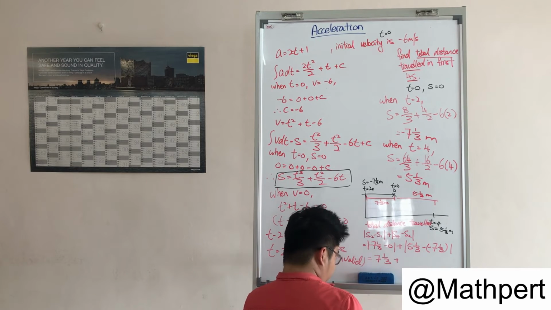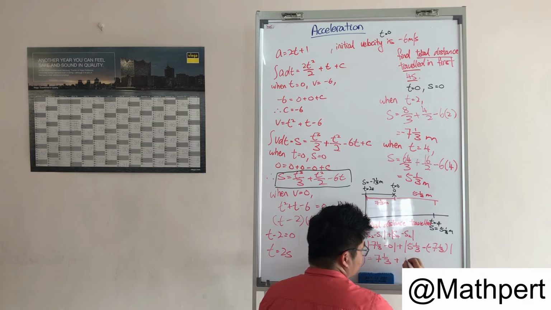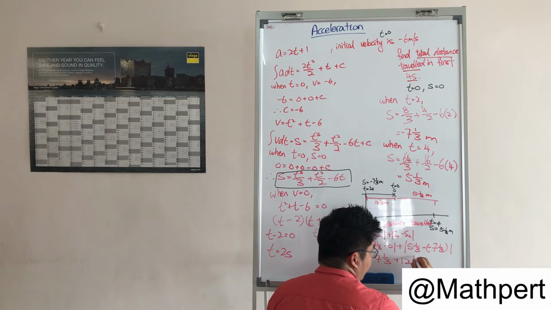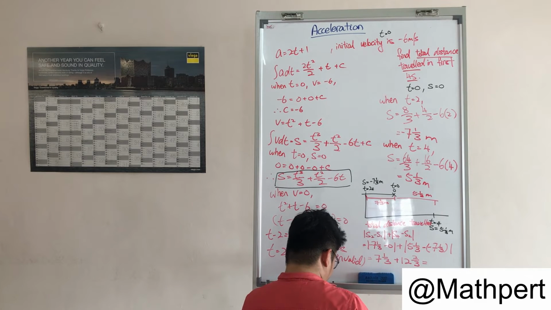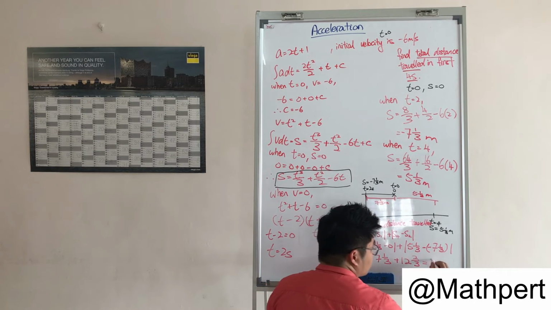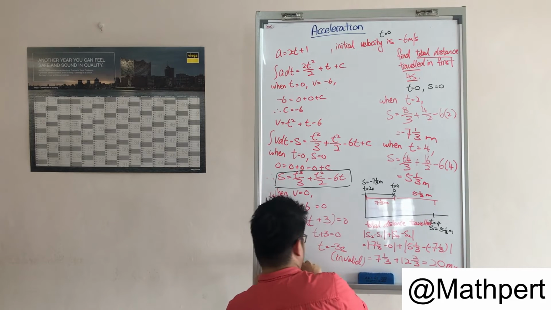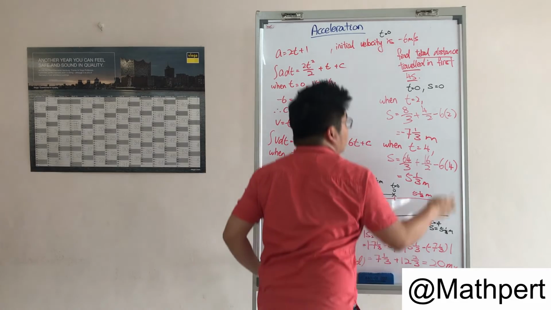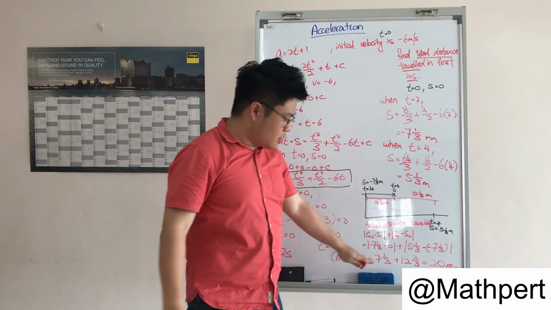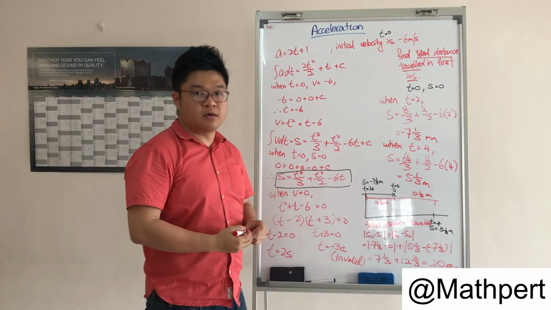So here we get 12 and 2 over 3. And then the final answer will be 20 meter. Alright, the total distance traveled in the first 4 seconds is 20 meter.